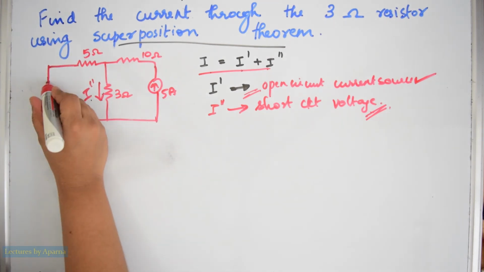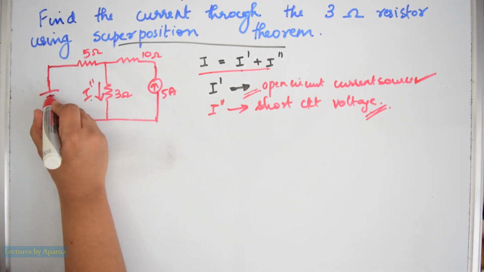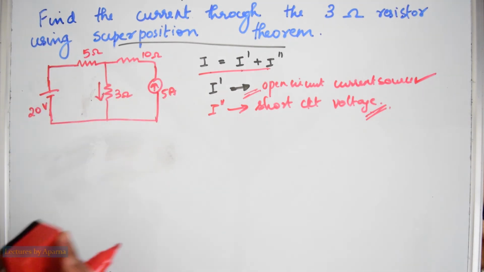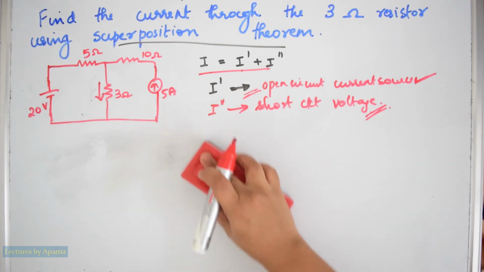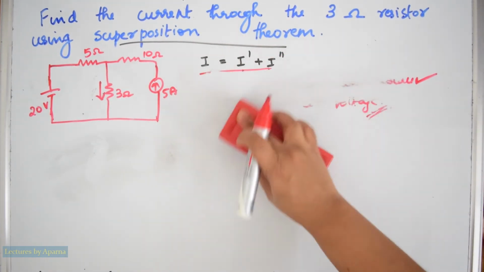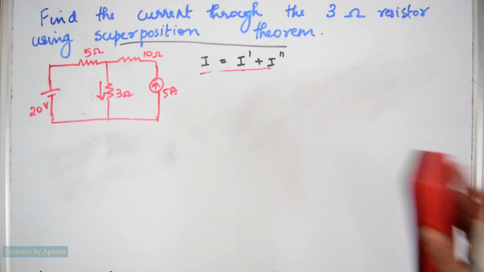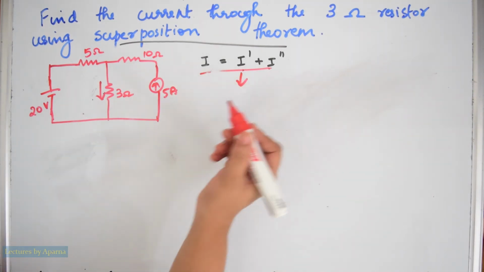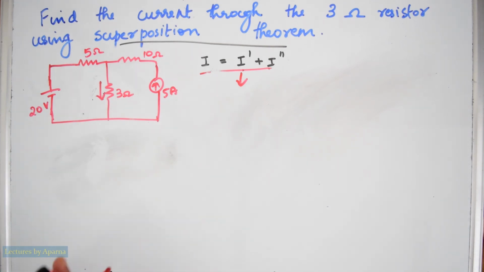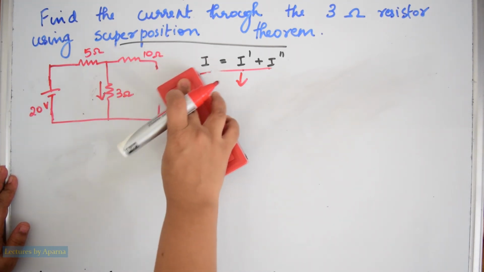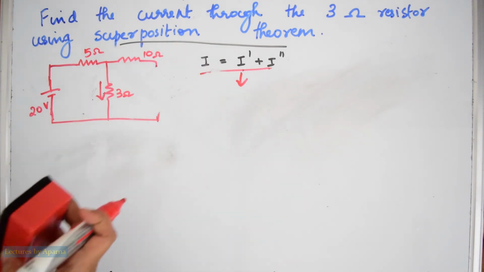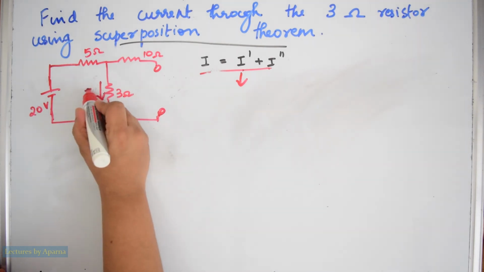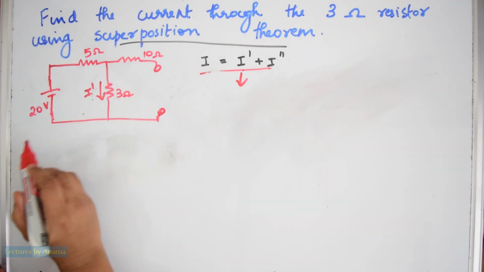Let's place this voltage source here. This is 20 volt. The first step is to find I dash. I dash will be obtained by open circuiting the current source. At that time, what will be the current through this 3 ohm?